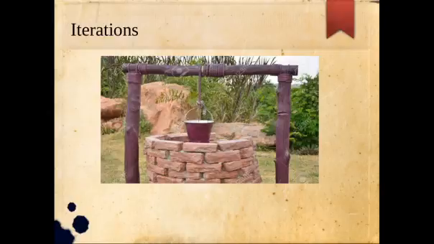Here you can see that drawing water from the well is an activity that has been done several times. So repetition occurs. Repeatedly I draw this water and fill the larger container. For that purpose we will use iterations.